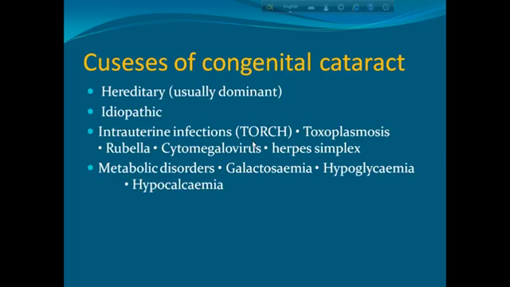If any student says intraocular infection, TORCH infection, then our next question is, what do you mean by TORCH? What are the organisms? The answer is T for toxoplasmosis, R for rubella, C for cytomegalovirus, H for herpes simplex.